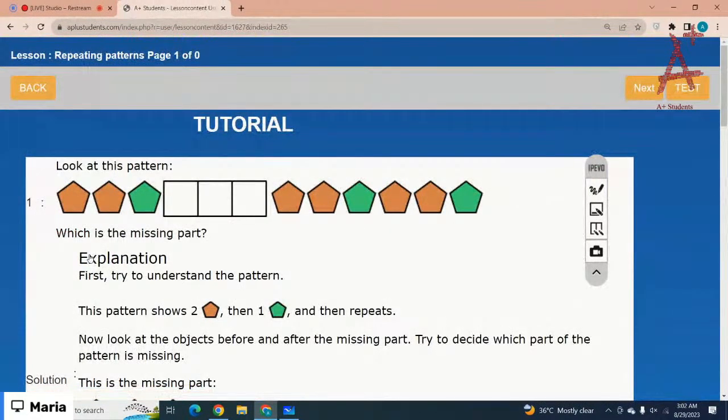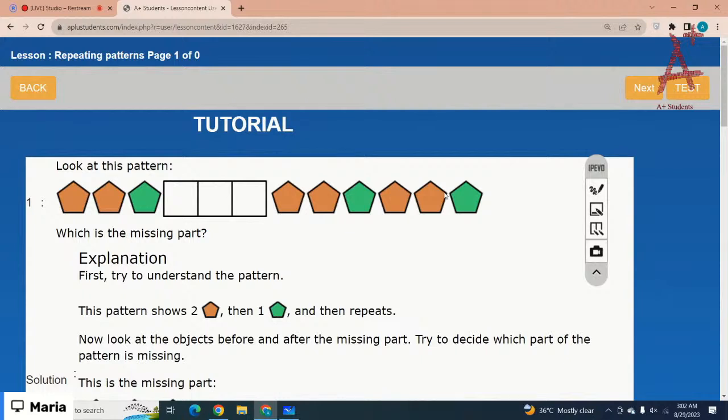Look at this pattern. Which is the missing part? First you have to look at the pattern carefully and understand it, right? You can see the pattern shows two brown polygons and one green. Again, two brown, one green, two brown, one green. That means the pattern continues.